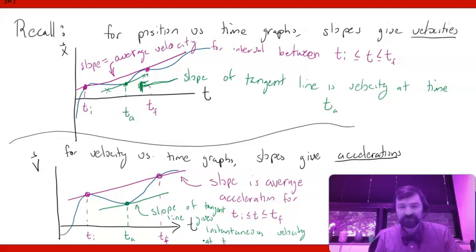So at time ta in this little graph that I've drawn here. All right. So that basically is how acceleration works, what it is, what it does. It is a rate of change of velocity.